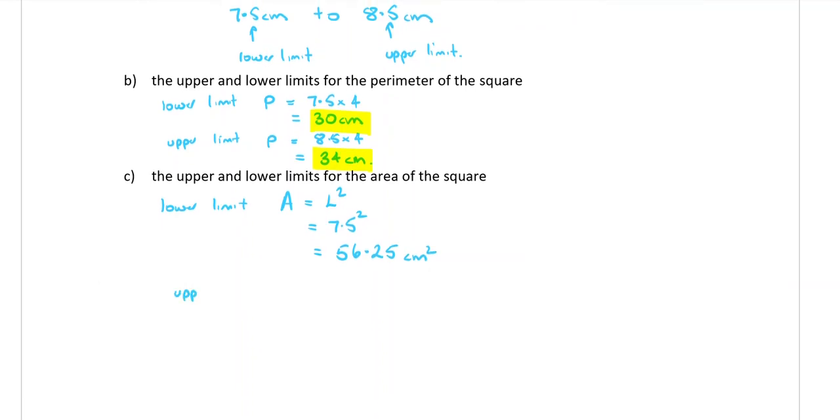The upper limit, using the area formula again, it would be 8.5 squared, making an area of 72.25 centimetres squared. And that's a much bigger difference. The lower limit of 56 to the upper limit of 72 is a much bigger gap because we were squaring those numbers. So that's what errors can do to your calculations.